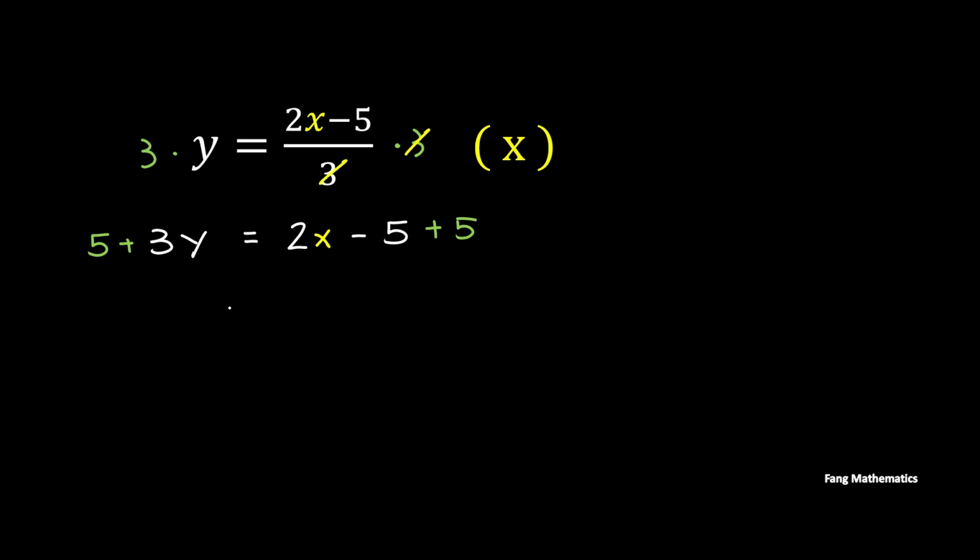I believe on the left, you should have 5 plus 3y. And on the right, your minus 5 and plus 5 get eliminated, leaving you the 2x. Finally, we see a multiplier attached to x, so we are going to remove the 2 by dividing both sides by 2.